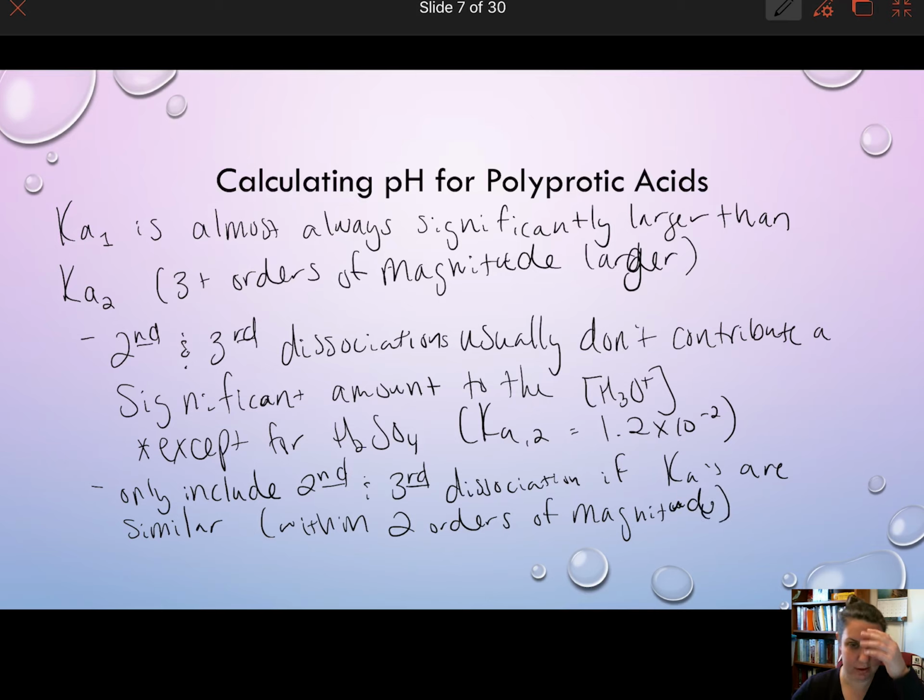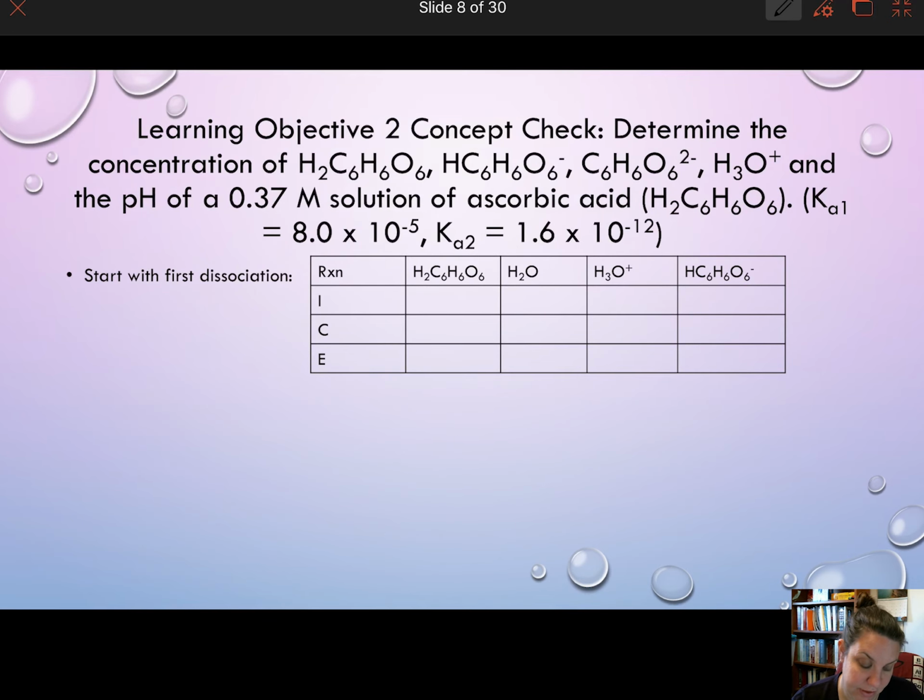Okay, so let's try an example. We have the following acid, and when this acid dissociates, we produce the following ions. So ascorbic acid itself has 2 dissociations, and we want to see what our concentrations of all of our species are at equilibrium. So ascorbic acid itself, H2C6H6O6, those are the 2 protons that we're going to lose.